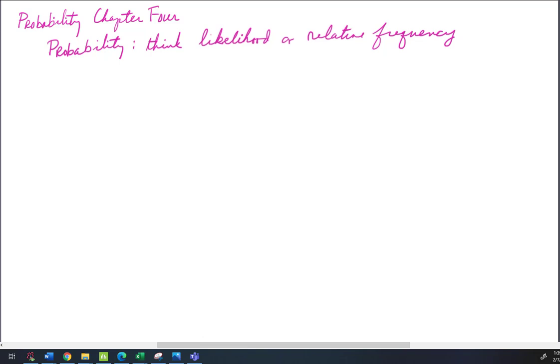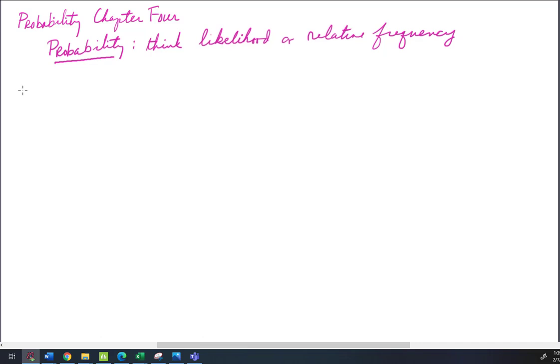Some people have said statistics is just applied probability theory. Well, we don't need a lot of probability, but we need a fair amount. And so I'm going to try to cut down Chapter 4 and give you just what we need for the rest of this course. So let's start thinking about probability as the likelihood that something will happen, or the relative frequency.